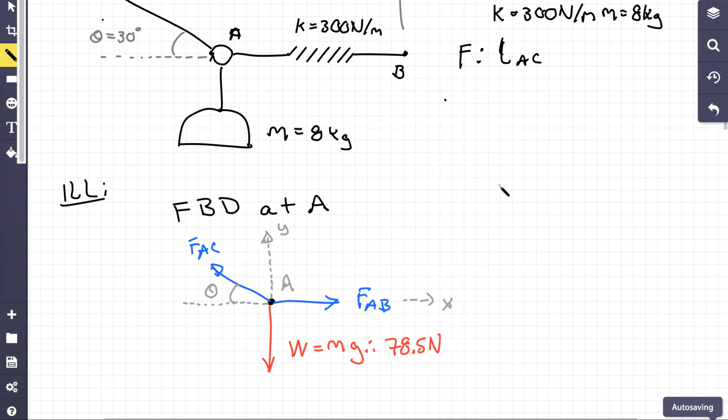So there's no need to do moments. That means that in our solution, the two general equations we use are the sum of the forces in the x direction equal to 0, and the sum of the forces in the y direction equal to 0. So this is the first step: determine forces.